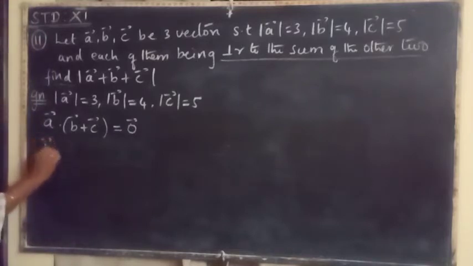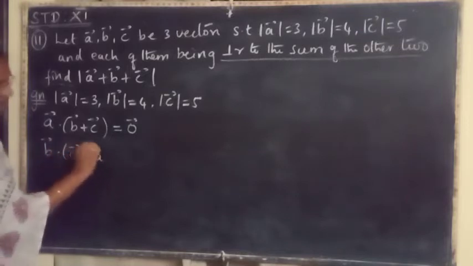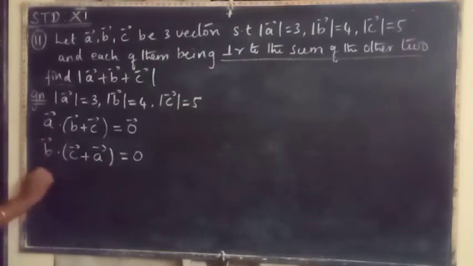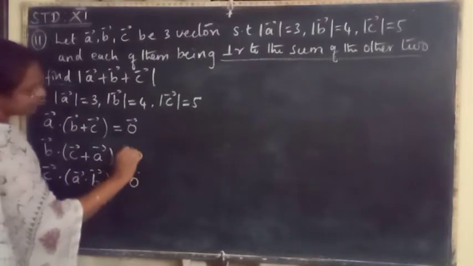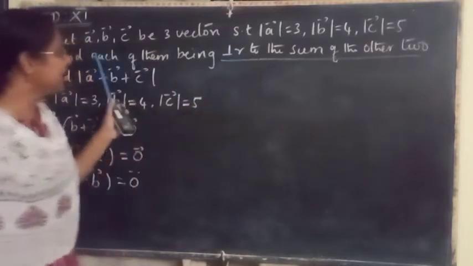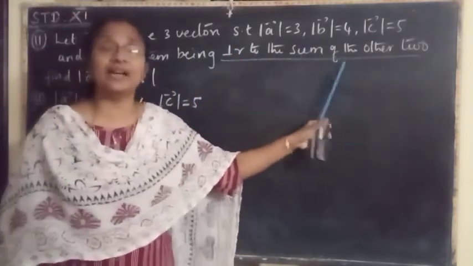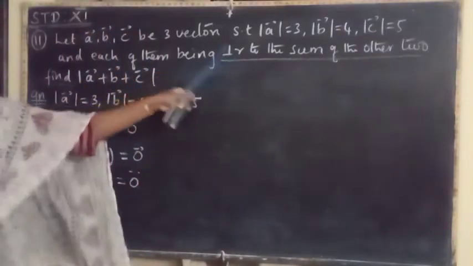B vector dot C vector plus A vector equal to 0. What is the next one? C vector dot A vector plus B vector is equal to 0. Now this is the condition given: each of them being perpendicular to the sum of the other two. Is it clear? So this is the meaning of that given statement.